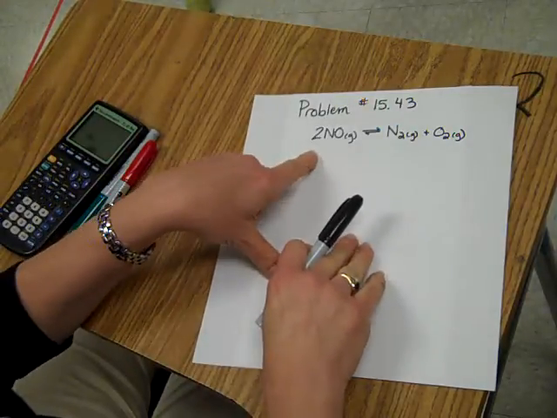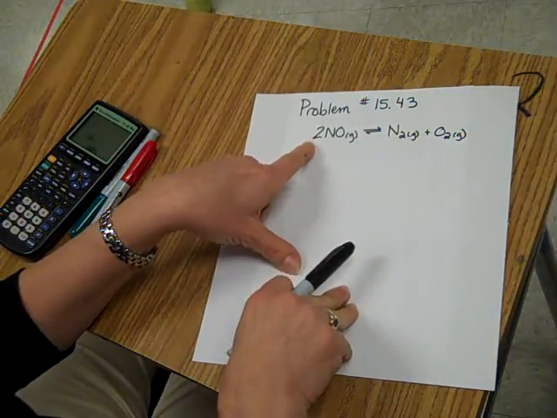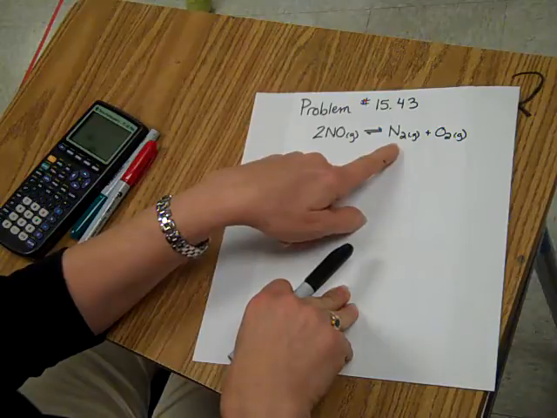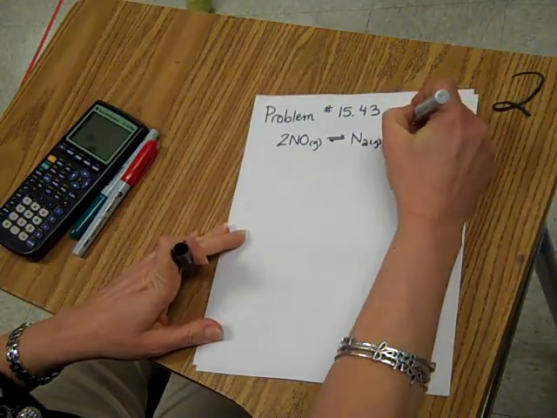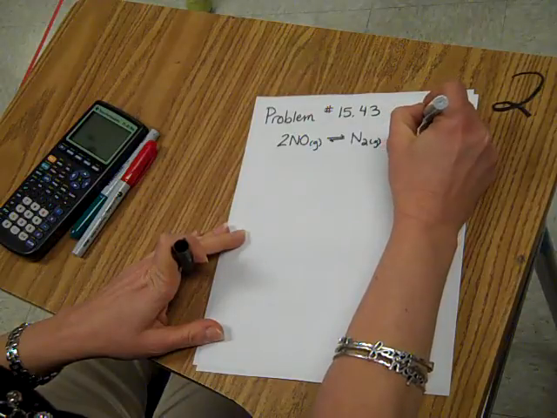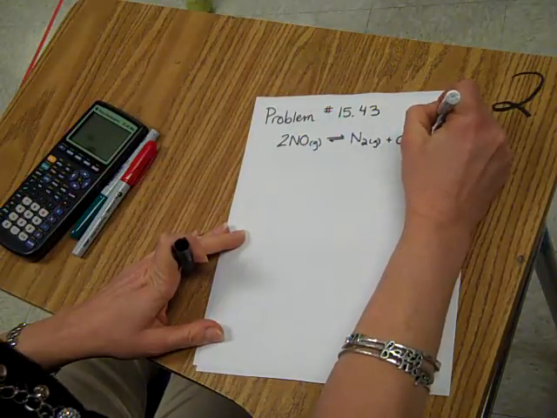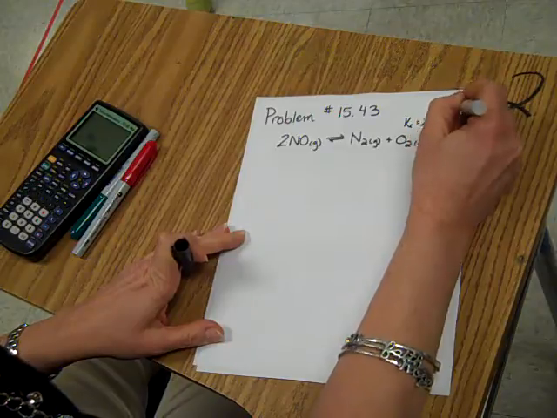All right, we're given the equilibrium reaction that two nitrogen monoxides form one nitrogen and one oxygen, and we're told that the K value is 2.4 times 10 to the third.